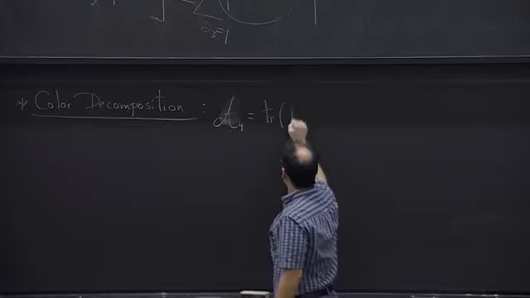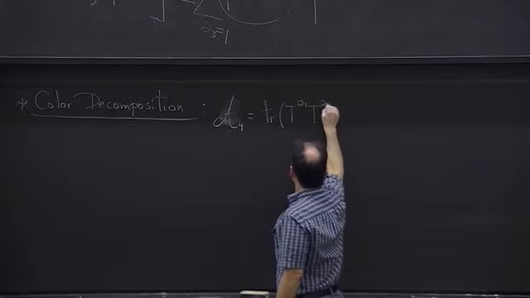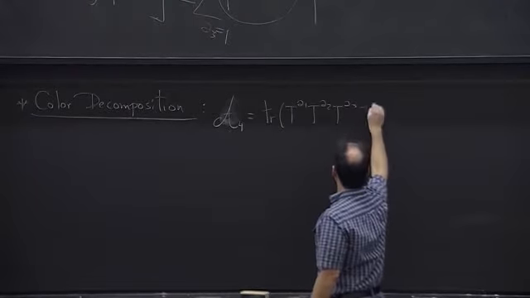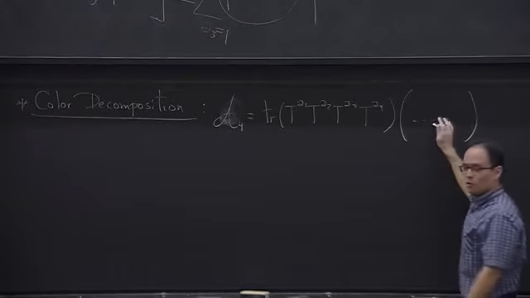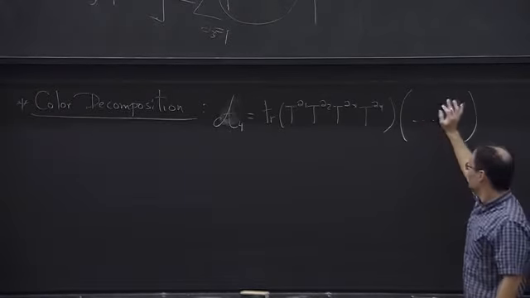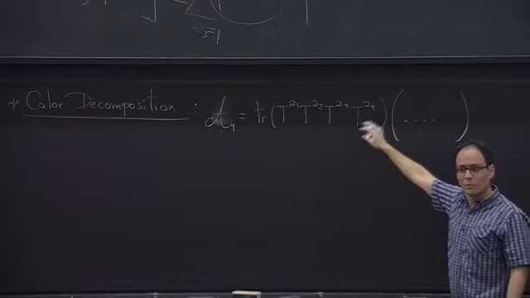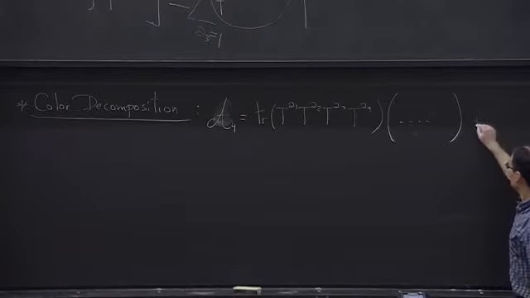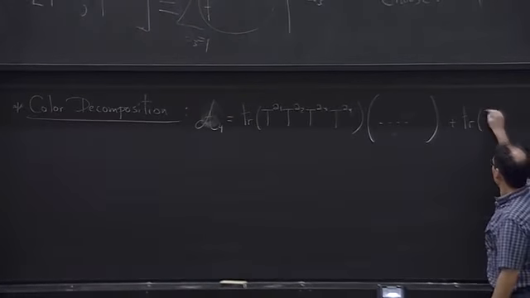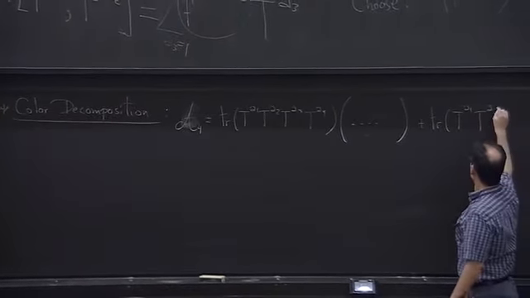What we do is write this, and putting here all the possible kinematic junk that comes together with these factors. Every time you find one, you dump it into here. Now, there will be another trace with a different ordering.